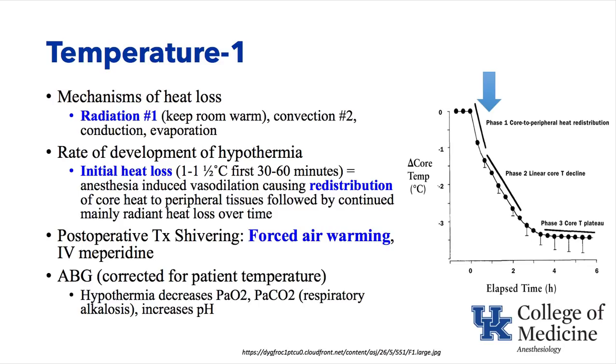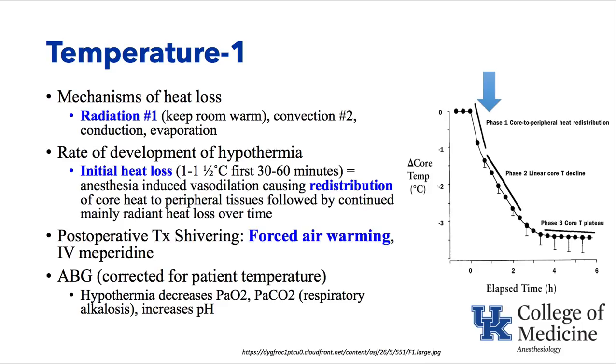Our hands are colder than our livers, for example. And as we redistribute blood from the core out into these arms, legs, extremities that are usually cooler, the mixing of that blood causes that first 1 to 1.5 degrees centigrade drop in the first 30 to 60 minutes in our temperature.